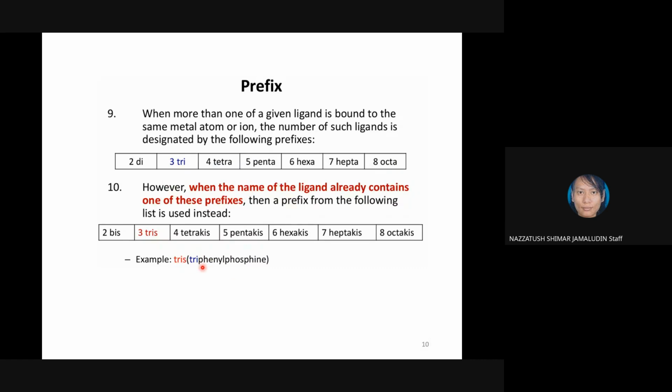But if the ligand already has that prefix, like triphenylphosphine, and there are 3 triphenylphosphine, it will become tris(triphenylphosphine). We don't call it tri-triphenylphosphine. So far, is everyone clear?